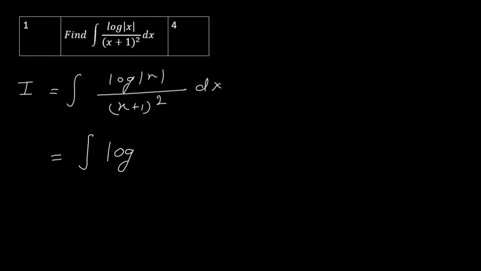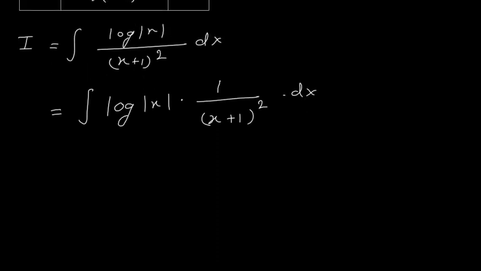One is log of mod x, that is log x, and the second function is 1 upon (x plus 1) the whole square into dx. Log x is generally taken as the first function, that is u, and 1 upon (x plus 1) the whole square I will consider as v.